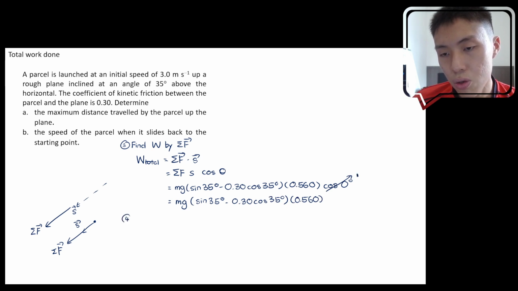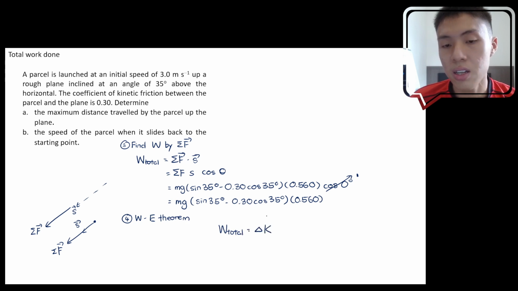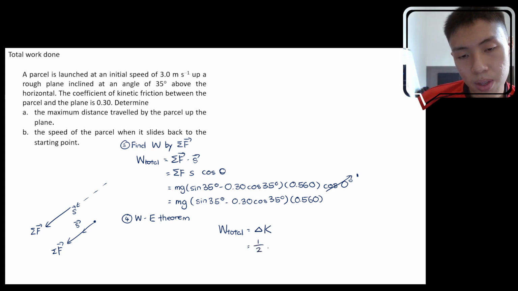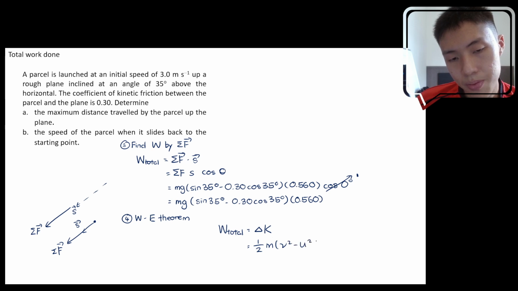You are going to use the work energy theorem to relate the work total with the change of kinetic energy. So let's write in the middle, work total is equal to change of kinetic energy. It has to be work total, not any kind of work. So again, you can open this up, half m v square minus u square.